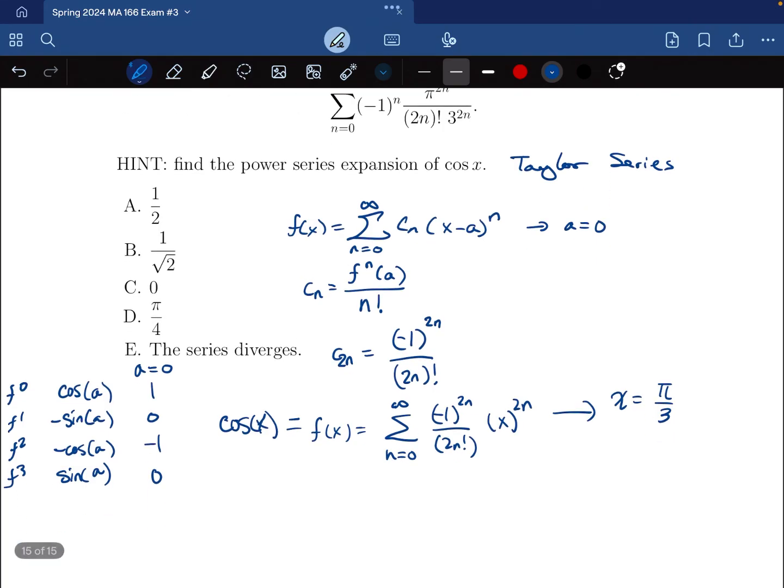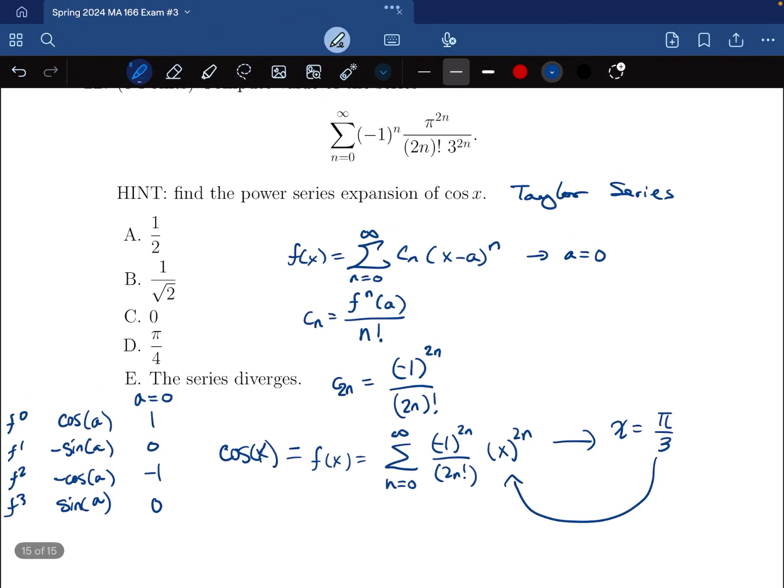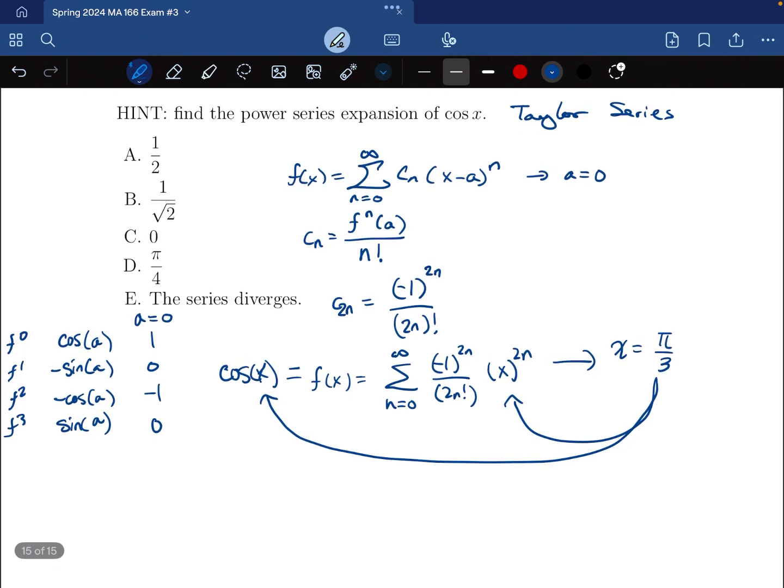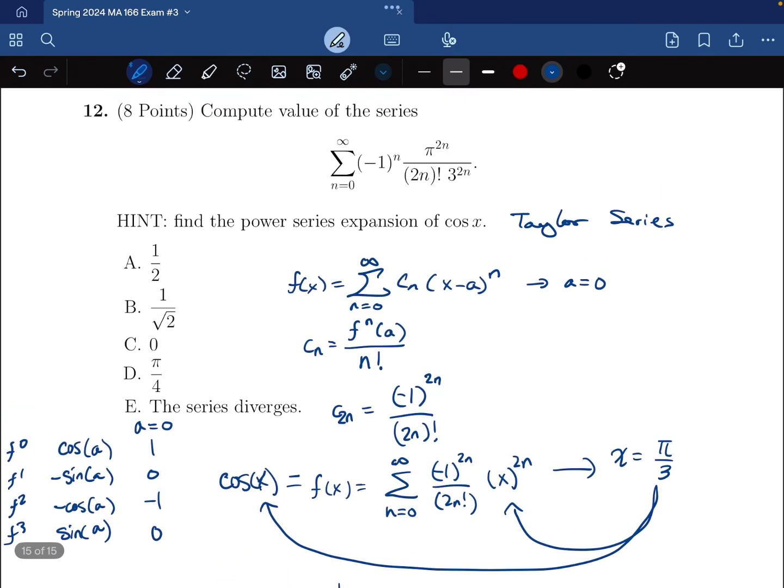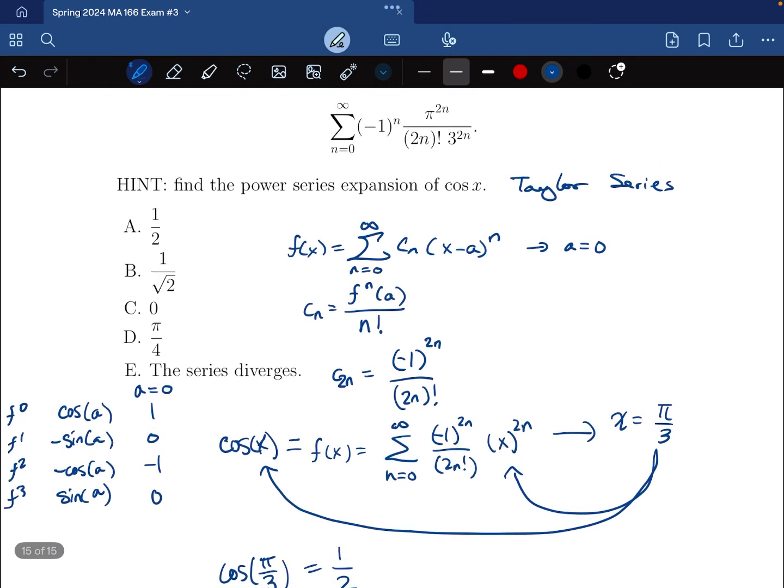So if I plug x equals pi over 3 into here, I get the power series that's given to us in the problem, and I can compute the sum of the power series by plugging pi over 3 into cosine. And so I just have to find cosine pi over 3, which is equal to 1/2. So the sum of the power series is equal to 1/2, meaning our answer is A.